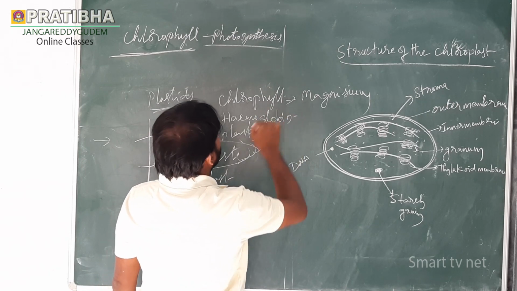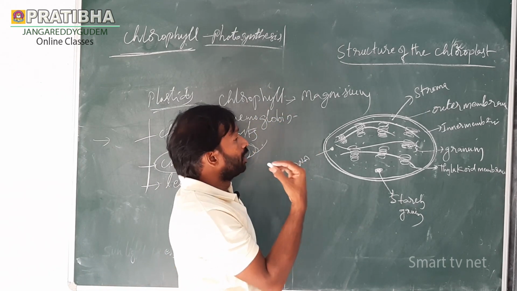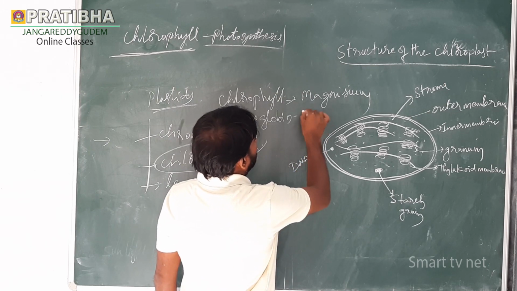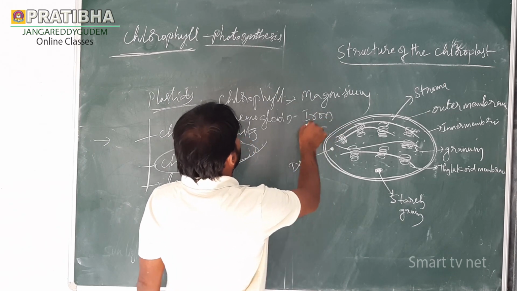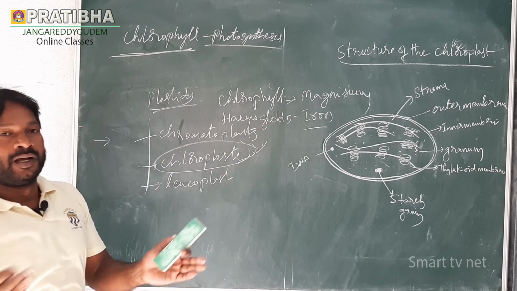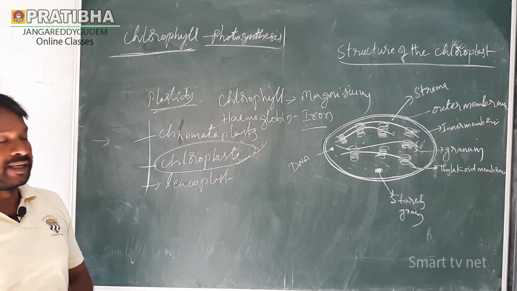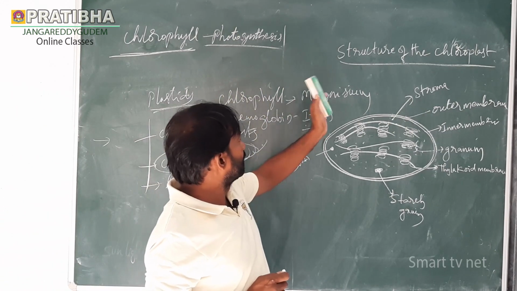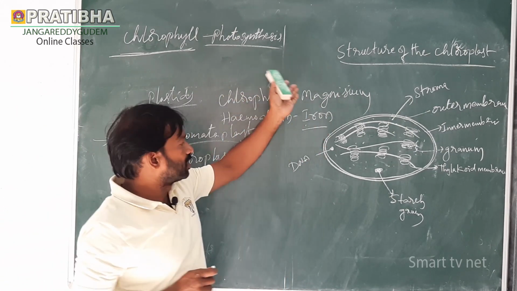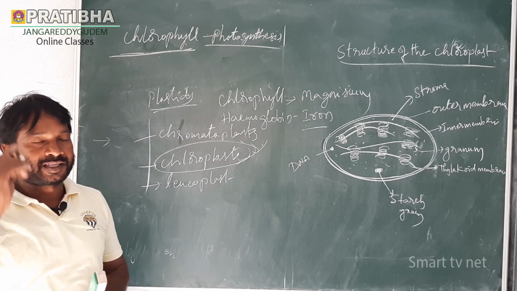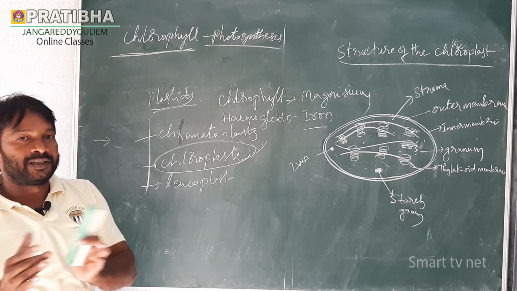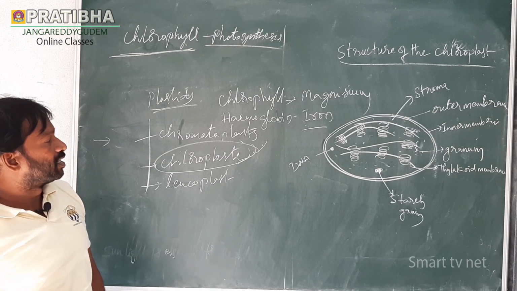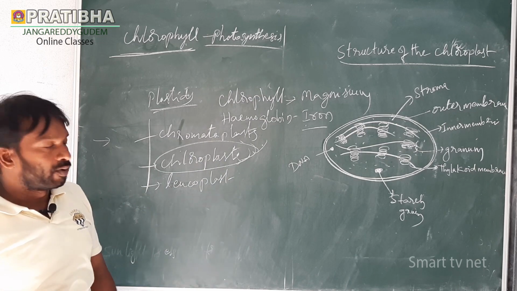In this hemoglobin pigment also there is one atom, that is iron. Hemoglobin's function is to carry the gases, oxygen and carbon dioxide. Like that, the chlorophyll pigment contains magnesium. Its function is to trap the sunlight and convert it into chemical energy.